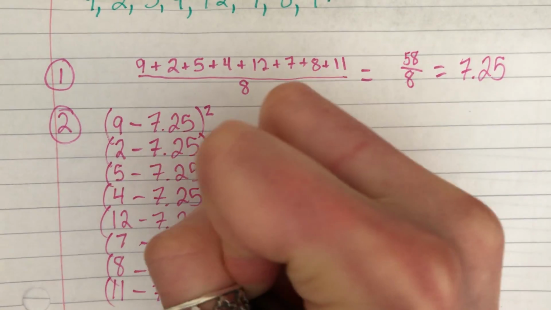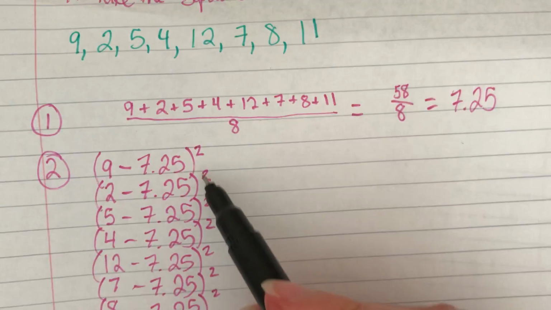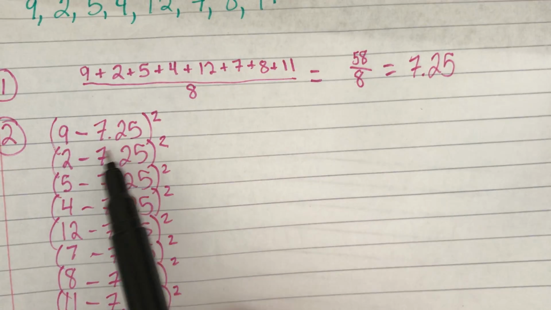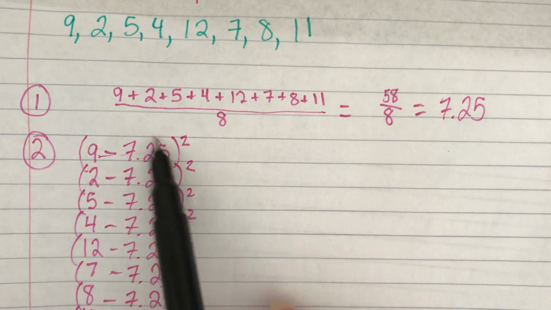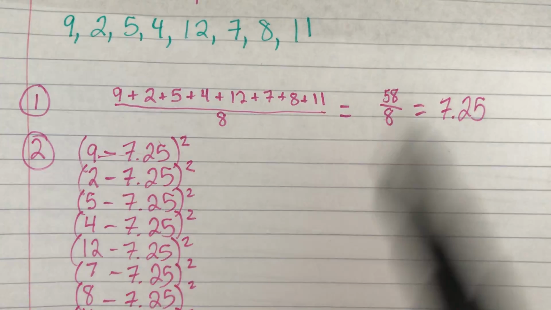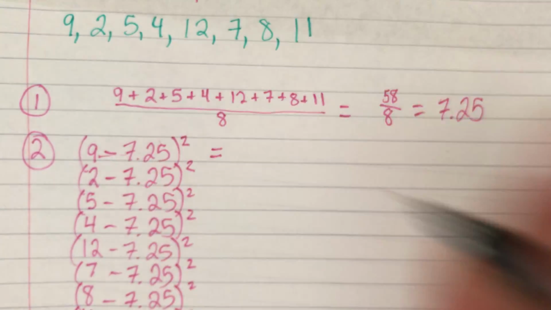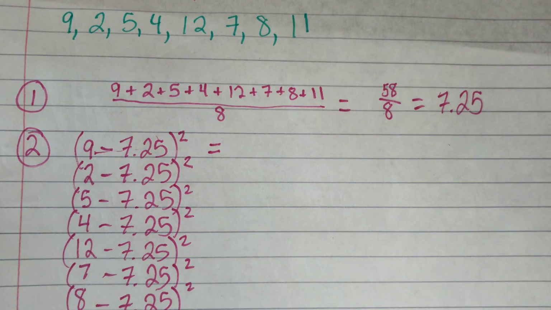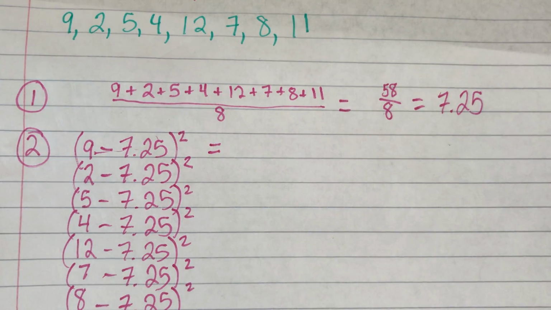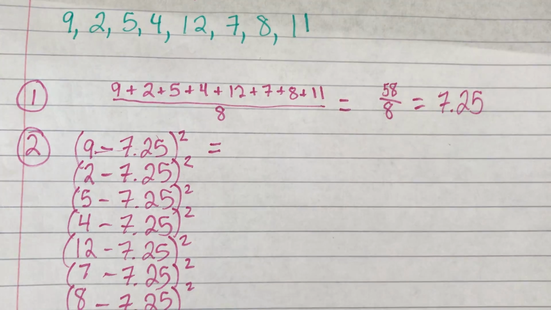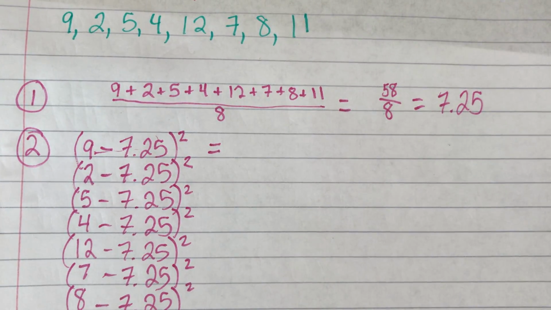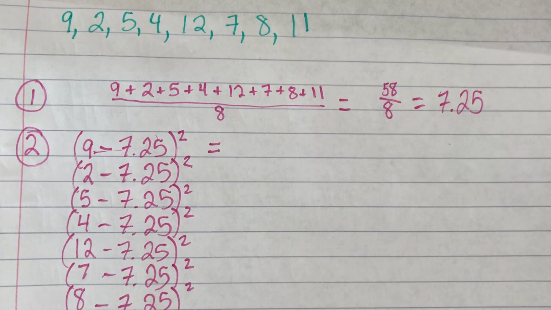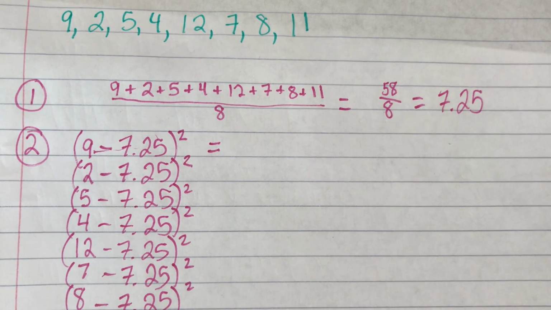So for each of these, we're going to do the subtraction inside the parentheses, and then we're going to square the result. Okay, so we're going to go through these together, and I'm going to go kind of slowly, so hopefully you can calculate it as I'm calculating it. But what you are not seeing in the background is I'm typing this into my online calculator on my computer.